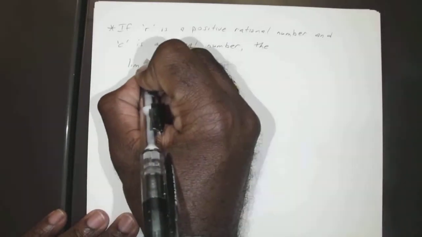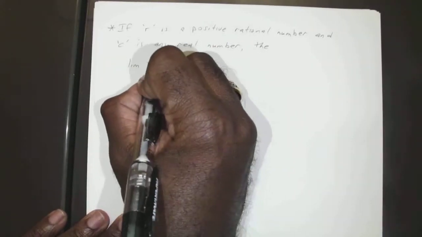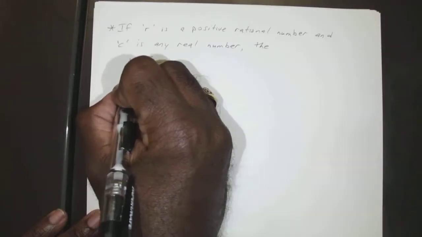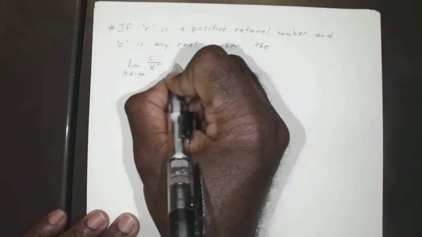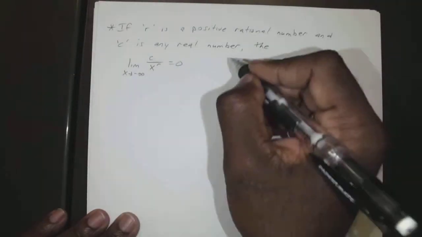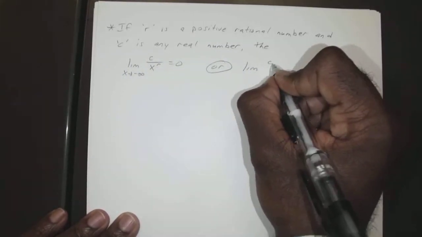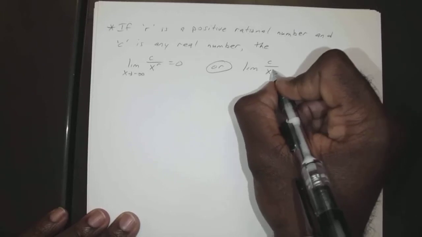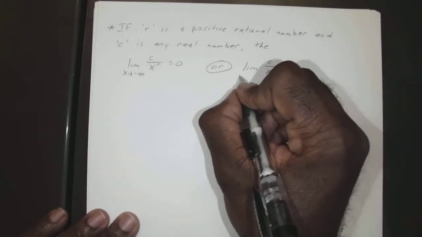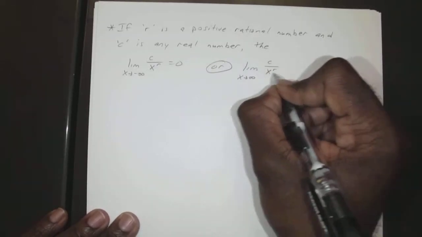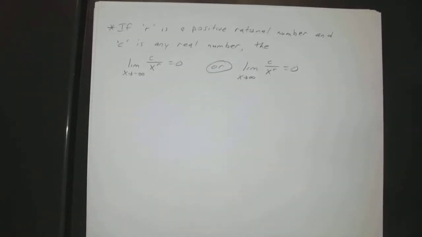Then the limit of any constant over x to the r power as x approaches negative infinity equals 0, or the limit of any constant over x to the r as x approaches positive infinity equals 0.